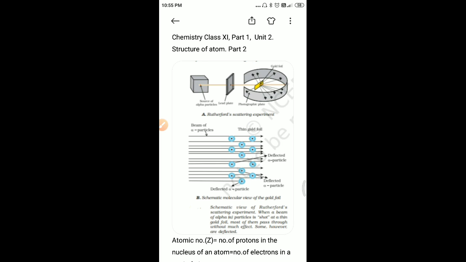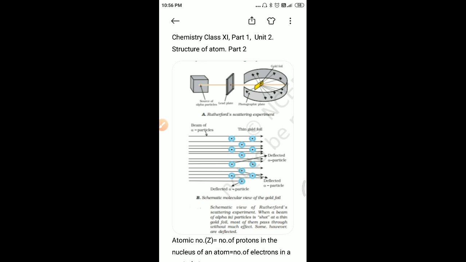A stream of high energy alpha particles from a radioactive source was directed at a thin foil, approximately 100 nanometer in thickness and made of gold metal.